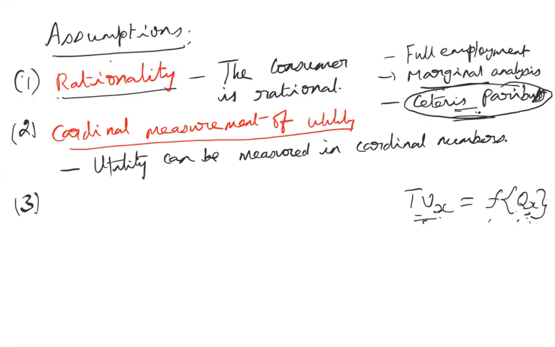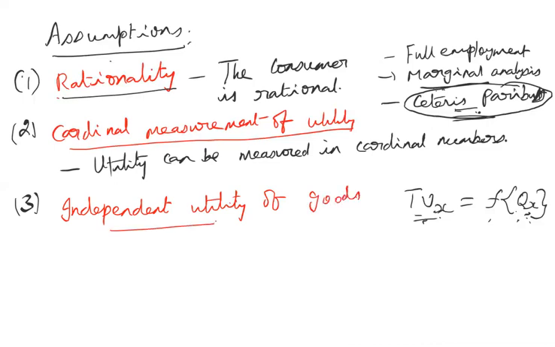Then the third one is the independent utility of goods. In our example, we have taken only mangoes. The consumer is consuming one mango after another and is comparing the satisfaction derived from the first mango with the fourth mango, fifth mango, and sixth mango.